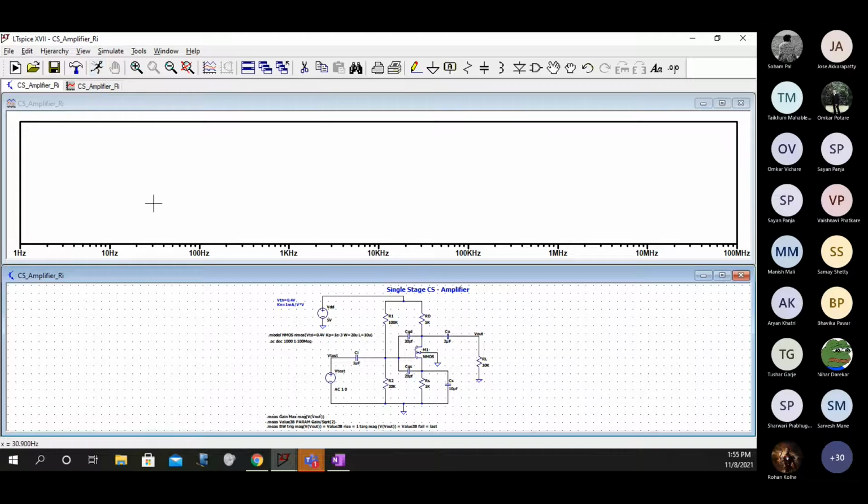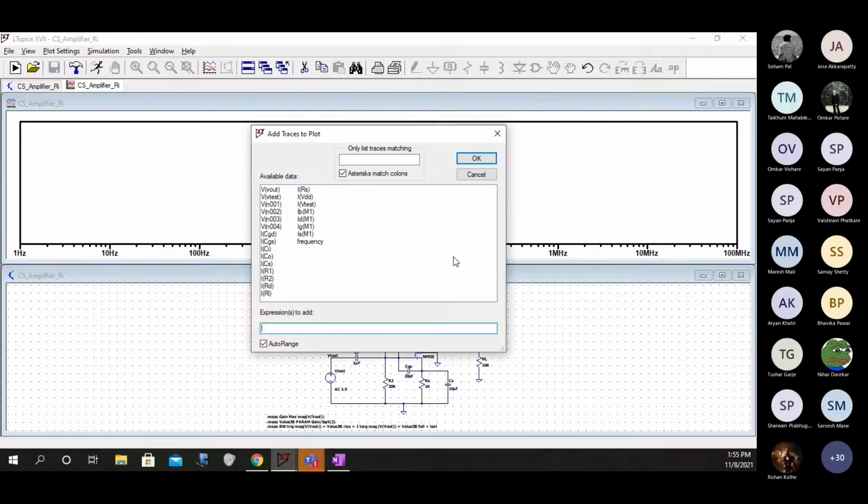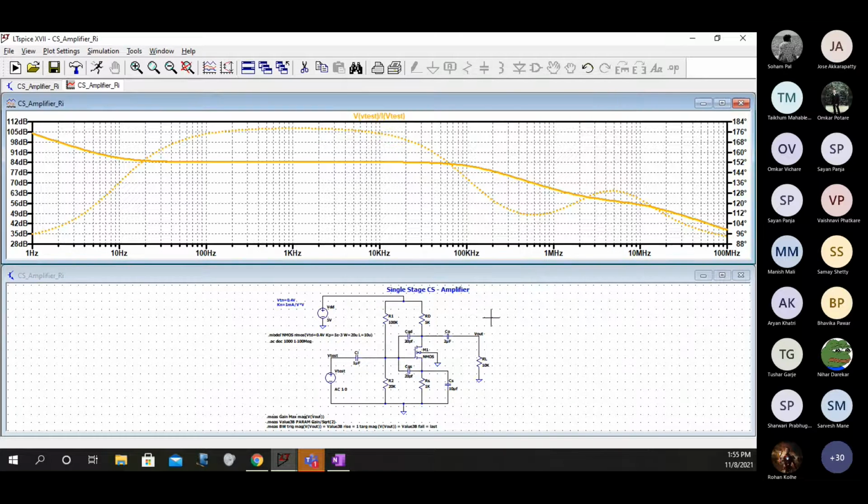Now what we want to actually calculate here is the resistance. So I'll say add trace, and here we will have V test divided by I of V test, the current because of V test, and then say OK.